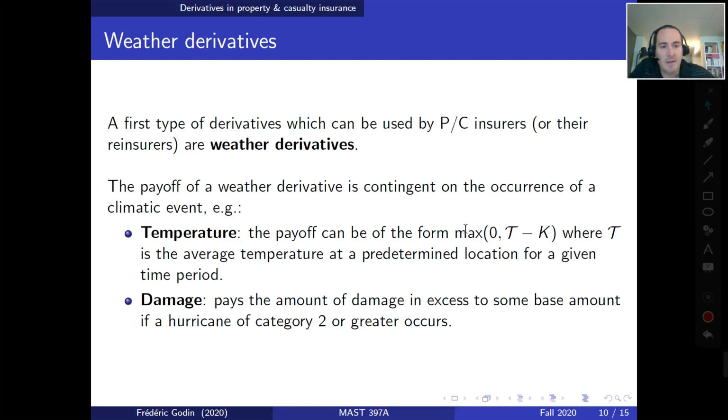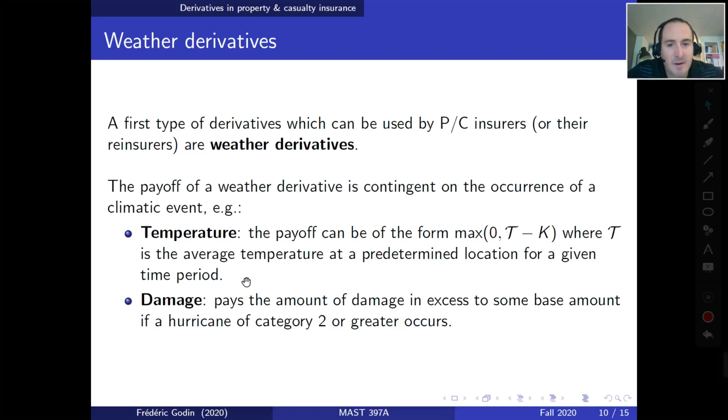Many of them have a payoff of this form: maximum between 0 and T minus K, where K is a fixed value that acts as the strike price. The underlying is not an asset here, so we're going to call it the underlying value. The underlying value T is a temperature index which represents the average temperature at a given predetermined location for a given time period. For example, it could be the average temperature in Montreal for the month of January or something like that.